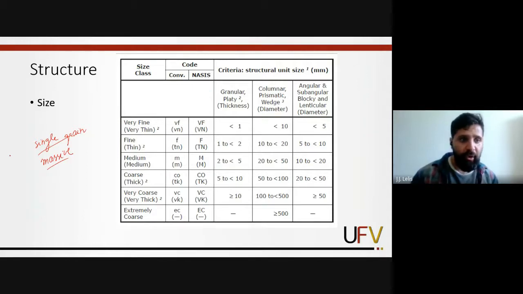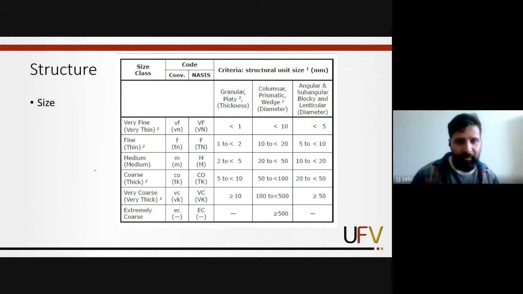But if you have this one or this one, you shouldn't classify a size. You don't have to classify a size because these materials don't have pads, they don't have aggregates. So how can I measure something that doesn't exist? So single grain and massive structures don't have a size. But all other structures, all other shapes, we should classify the size of these pads, okay?